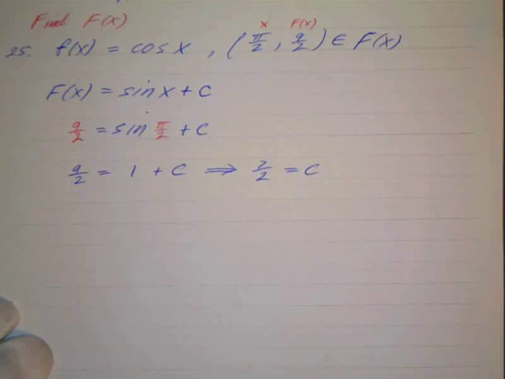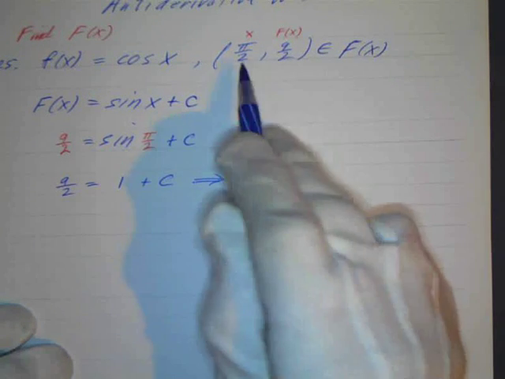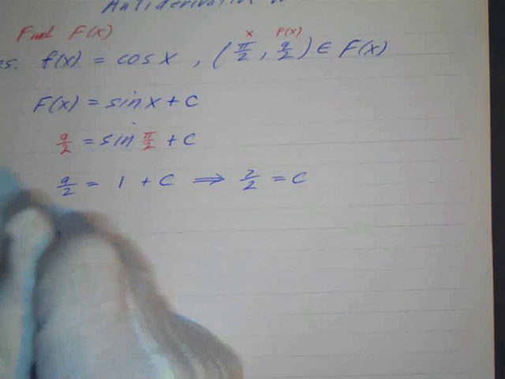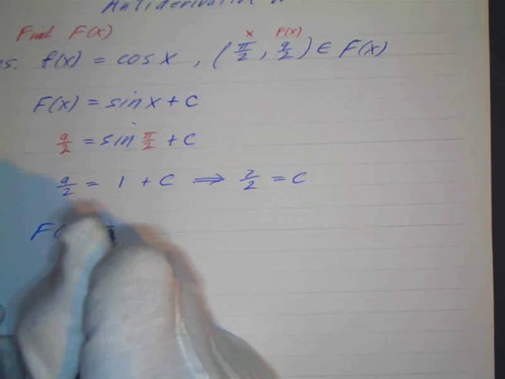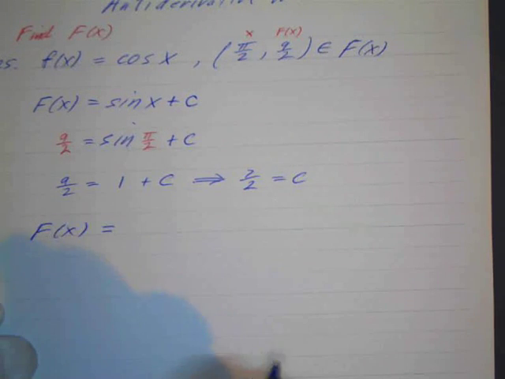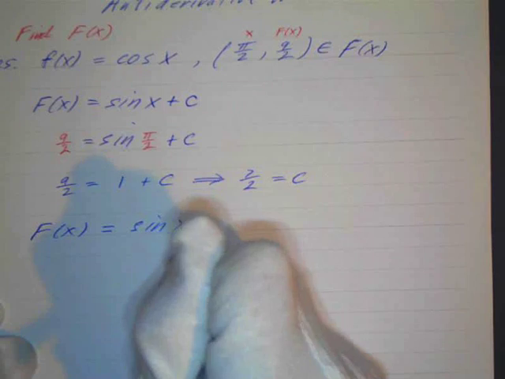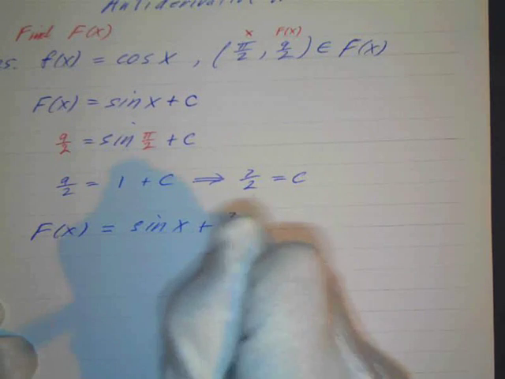And there's my c, as long as this point belongs to my antiderivative. So my complete antiderivative, f of x equals the sine of x plus c, and c is 7/2.